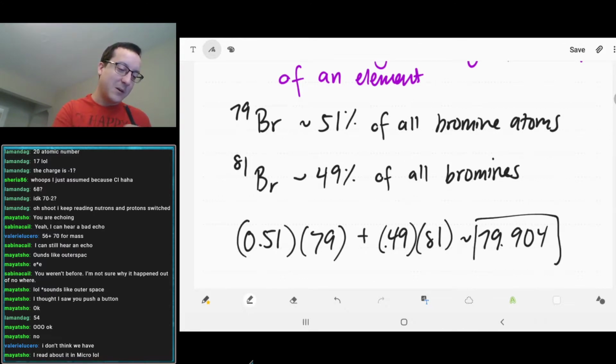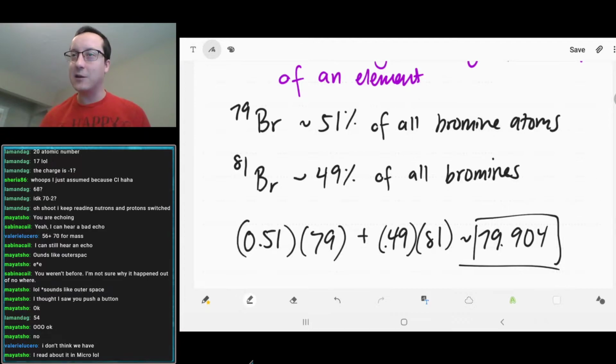This number we're going to see on the periodic table, that's our atomic mass, and it's calculated as a weighted average of all the isotopes of an element.